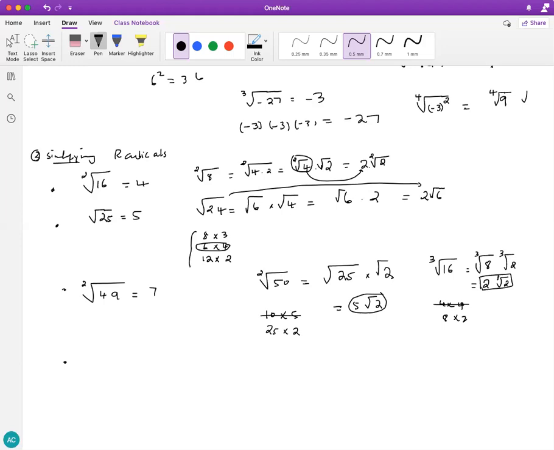We couldn't use 4 and 4 because if we turn it into 4 and 4, we don't know the radical of 4 with index 3 as a whole number. It is a decimal. But we used 8 because we know that 8 has a perfect radical. The number that multiplies by itself 3 times to get 8 is 2. So these are the only 2 options, and we use the one that's convenient because of the 3.